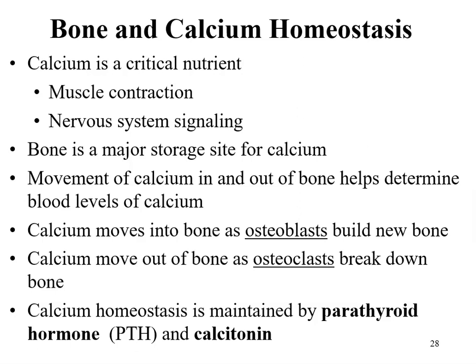Calcium will move into bone as osteoblasts use it to build new bone tissue, and calcium moves out of the bone and into the blood as osteoclasts break down bone tissue, releasing the minerals contained within it. In a healthy body that ingests enough calcium, both healthy calcium-rich bones and the correct blood calcium level can be maintained.